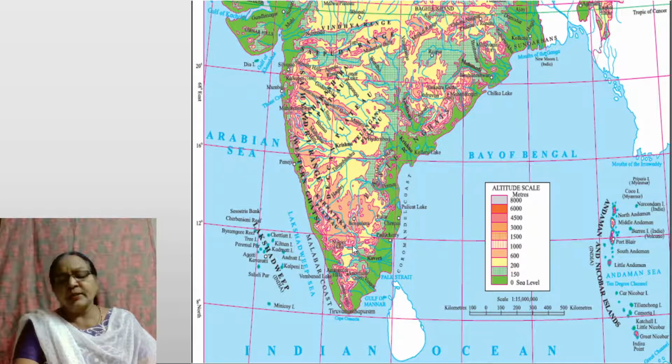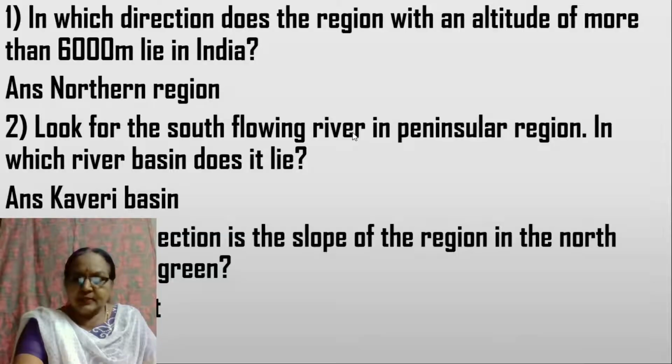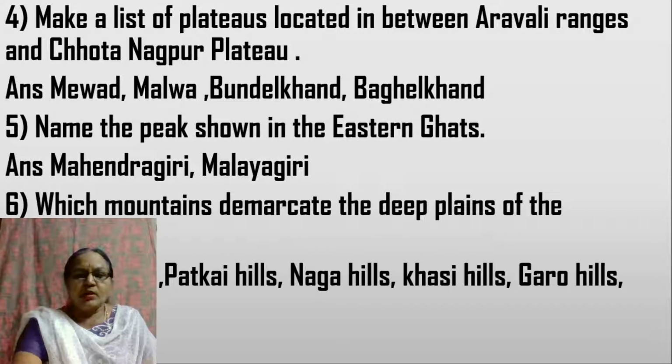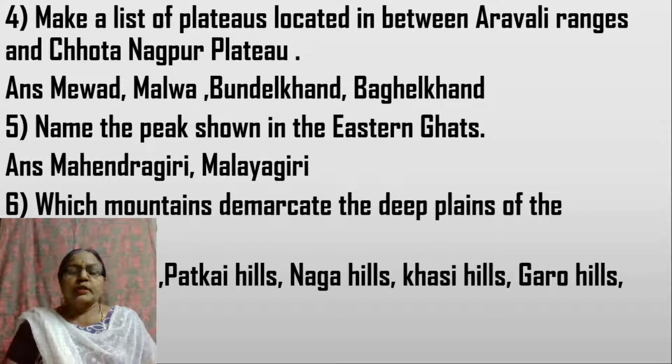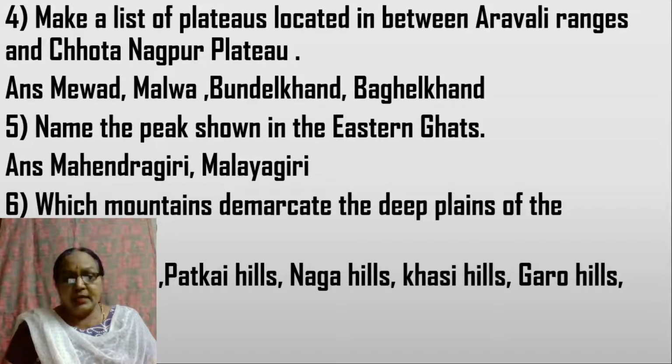Just remember, children, the eastern and western Ghats meet at Nilgiris. Here, along the eastern Ghats, we have two important hill ranges. They are Mahendragiri Hills and Nallamala Hills. Okay, so name the peak shown in the eastern Ghats. That is Mahendragiri and Malayagiri.